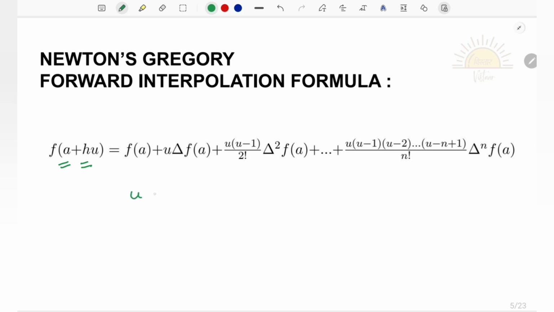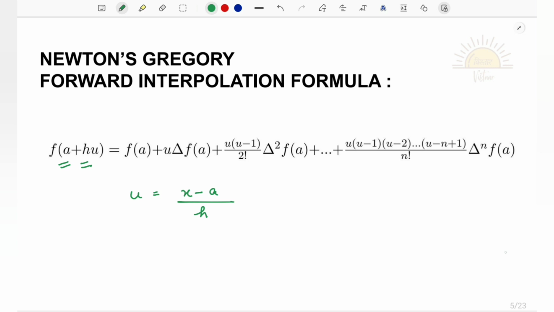And u is written as x minus a divided by h. This formula is particularly useful for interpolating the values of f(x) near the beginning of the set of values given.